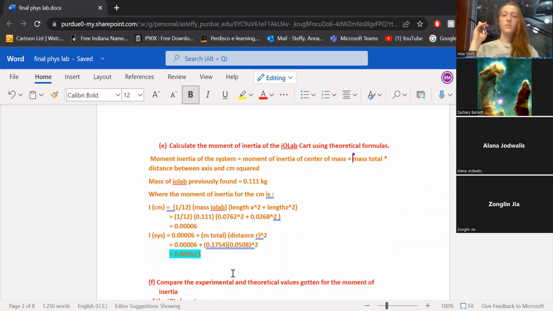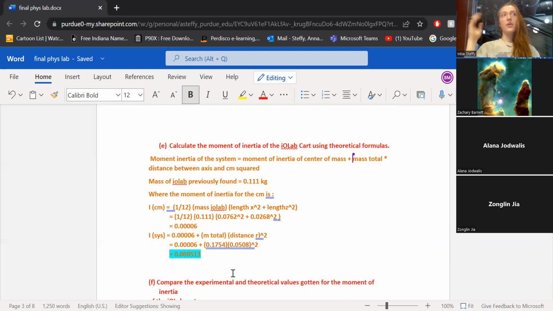But despite getting a smaller value, I just thought that experimentally, the moment of inertia makes more sense, not being a ridiculously small value. Mine is like 5.13 times 10 to the negative fifth.